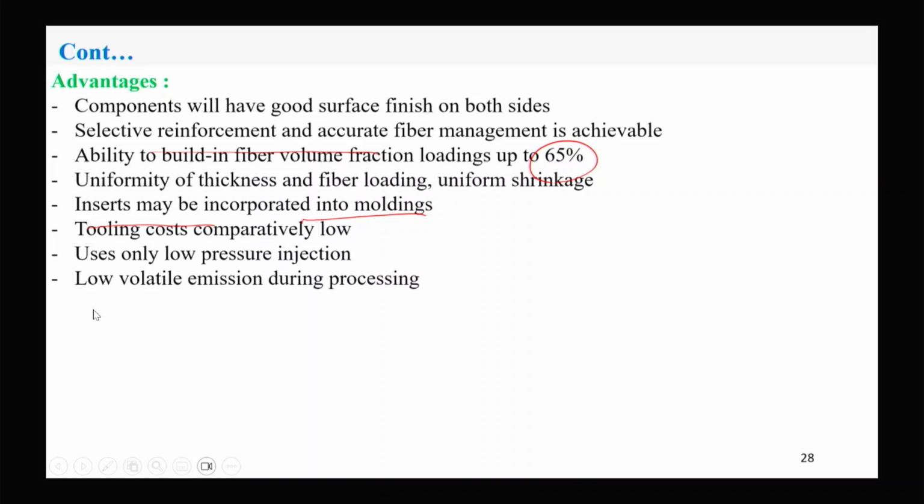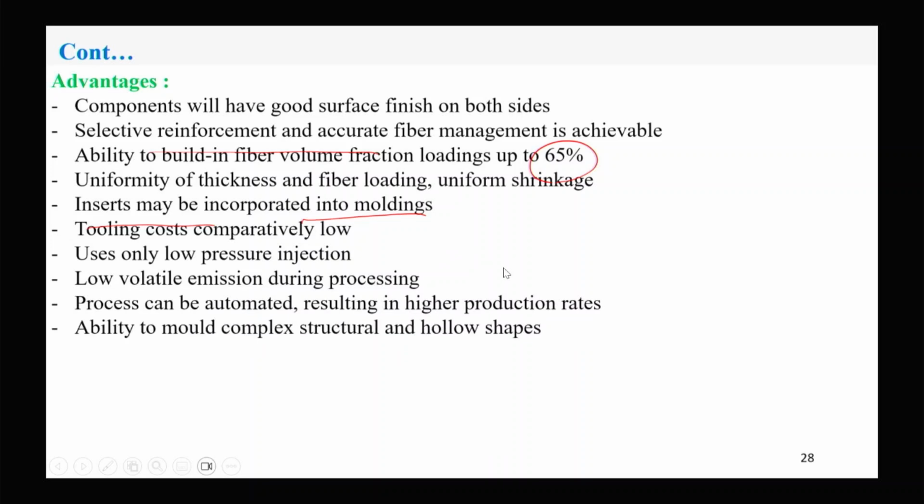Low volatile emission due to the closed nature of the system. So this can be automated. Ability to mold complex structure and hollow shape also in this system. Only we have to make the mold accordingly. Low void content here.